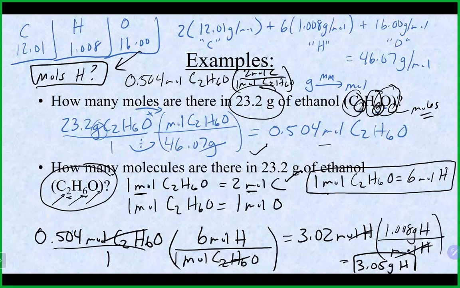And if we want to know how many grams of carbon that would represent, we could also do that. In this case, we would get about 1.008 moles of carbon.